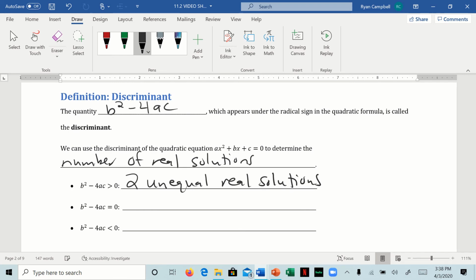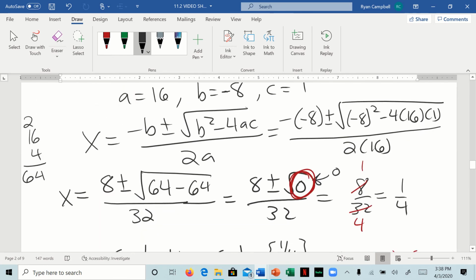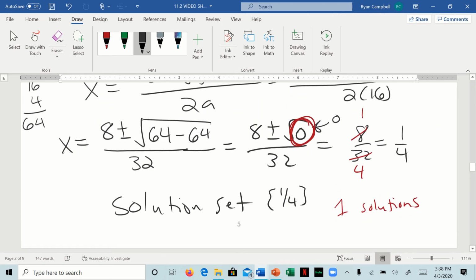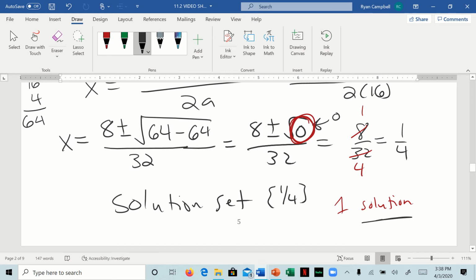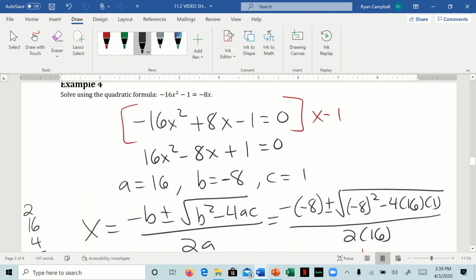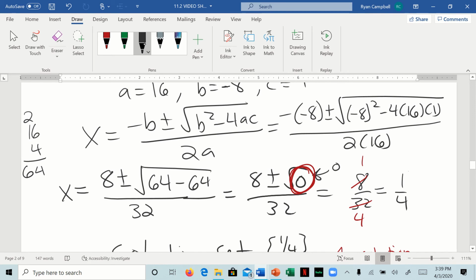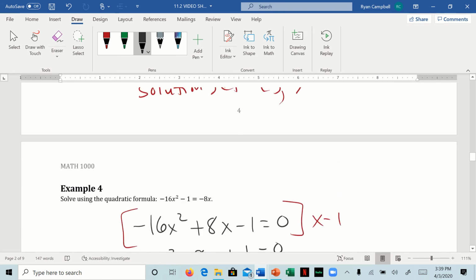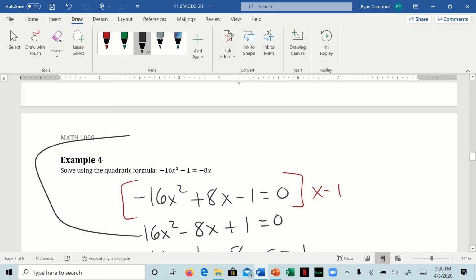If it's equal to 0, this will be like example number 4. The inside of the square root equaled 0, so we ended up with 1 repeated real solution. The reason it's repeated is that the solution is 1/4, and this can actually be factored into 4x minus 1 squared.